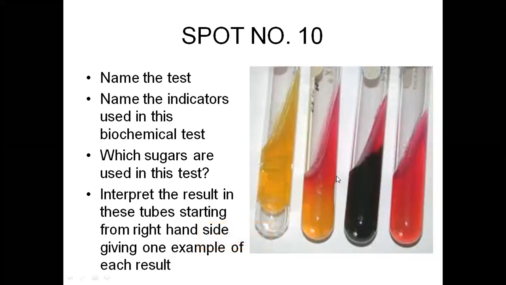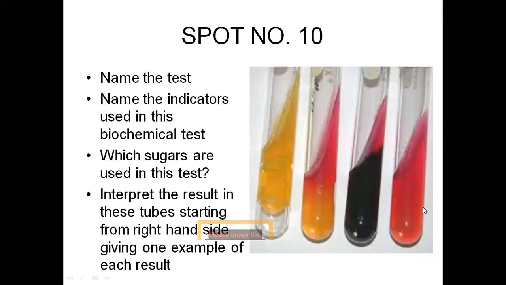In the case of Salmonella, there is going to be blackening on the slant due to the production of H2S gas. But if there is a lot of blackening, this is Proteus. So you cannot identify the yellow reaction in the butt in the case of Proteus.